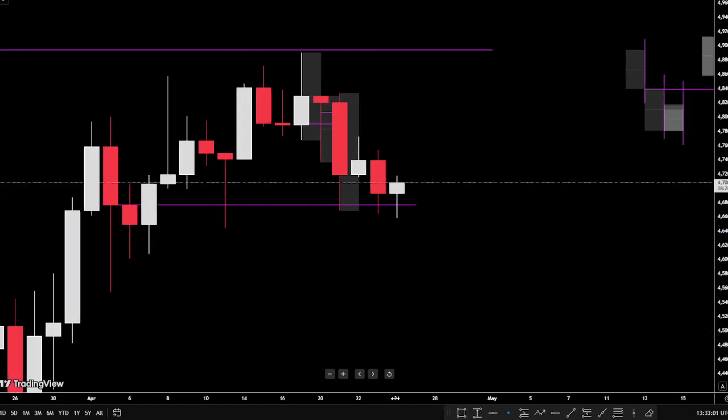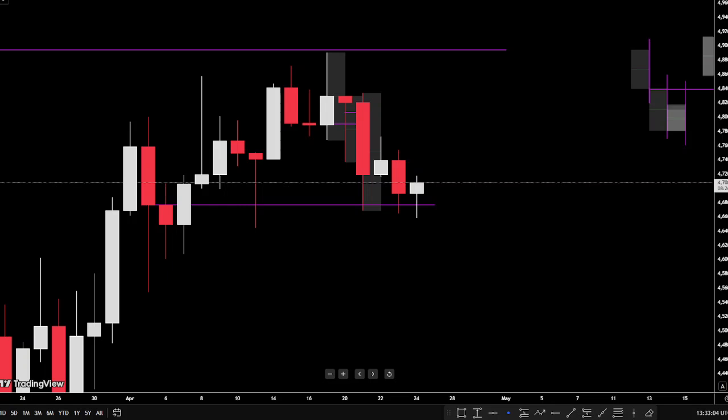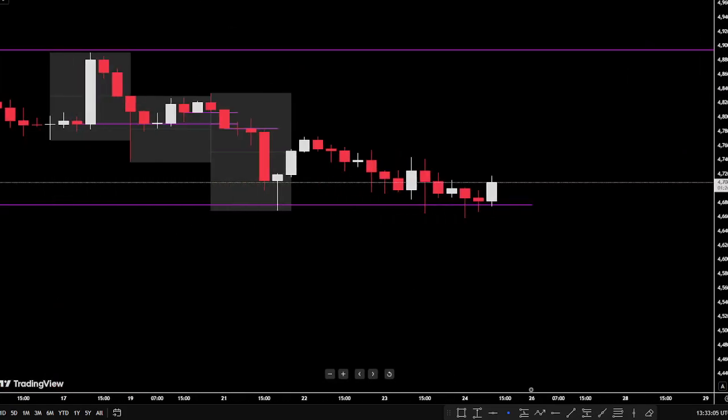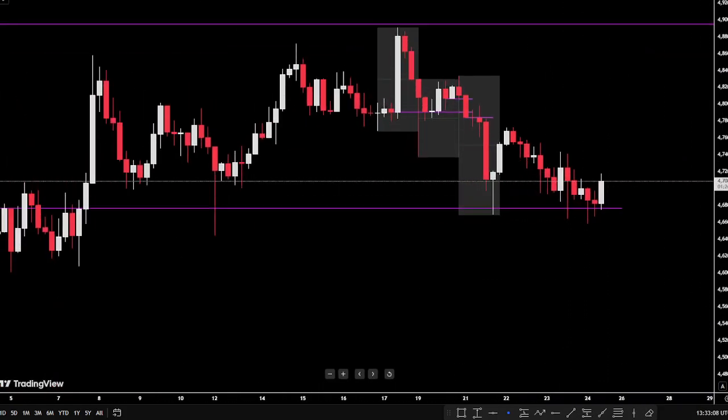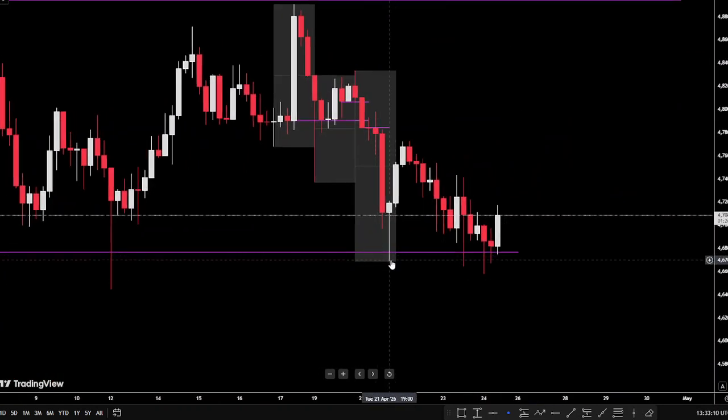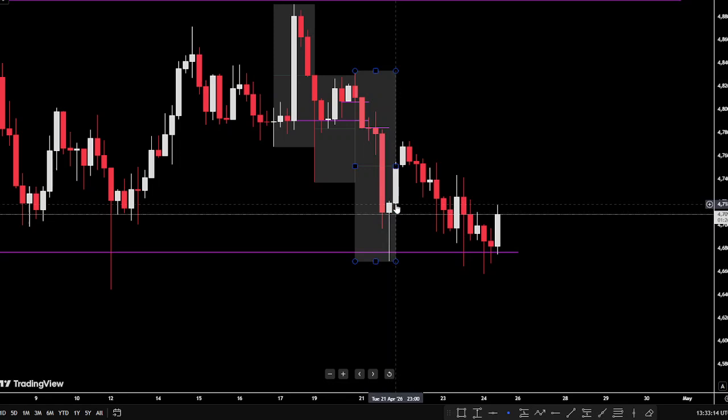But let's go to the H4 to see where our breakout is. So after this push to the upside for the first H4 candle, and then the second H4 candle, and then the third H4 candle, we notice that the fourth H4 candle of the day gave us a bearish candle to the downside, right?